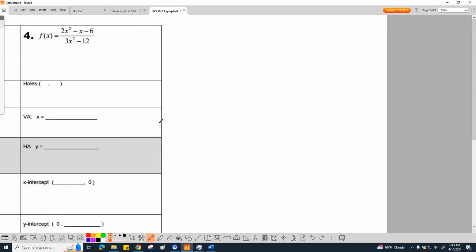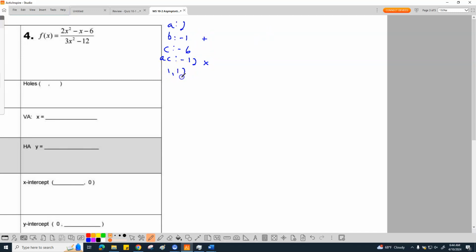You basically have to do that ABC stuff. So let's do it. I have my A as 2. I have my B as -1, I have my C as -6, and I have my AC as 2 times -6, which is -12. Now, because my A is not 1, I'm going to have to do this the long way, which kind of stinks, but that's fine. It has to multiply to this and add to this.